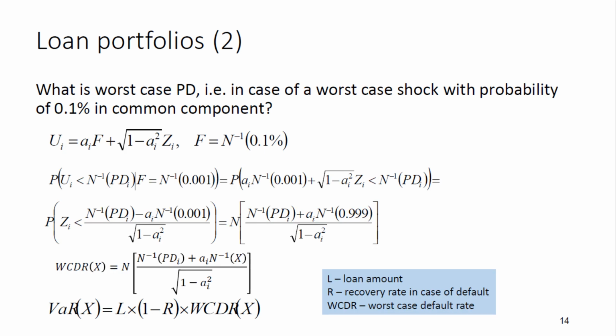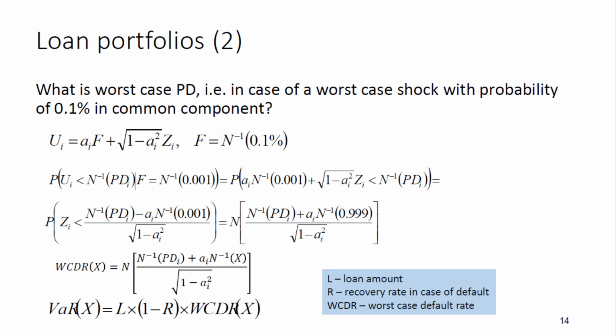So let's see what could happen if I look at a worst case event that could occur. I have to start with U_i, which is the total uncertainty, the total risk of asset i, which is a combination of a sensitivity for the common factor F and a sensitivity for the idiosyncratic component of asset i, the Z_i.